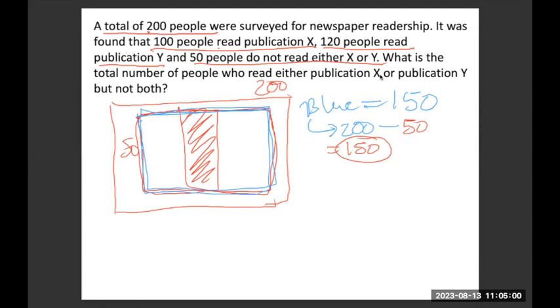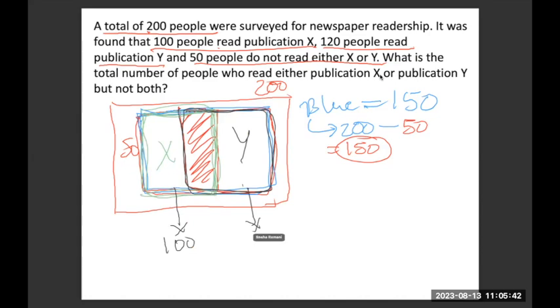What you have to find is the total number of people who read either publication X or publication Y. Let me use a different color now. This boundary which you are seeing here, the green boundary, will be of X. And this boundary which you are seeing in black is of Y. X in the green color is 100.